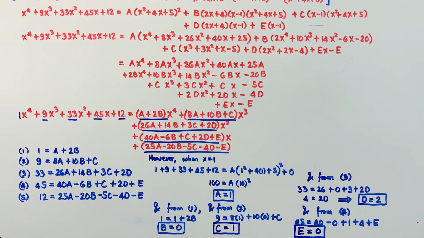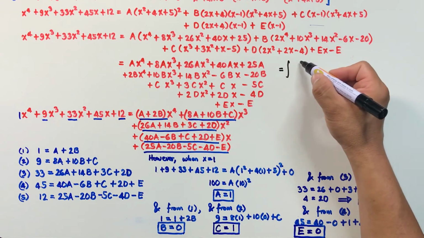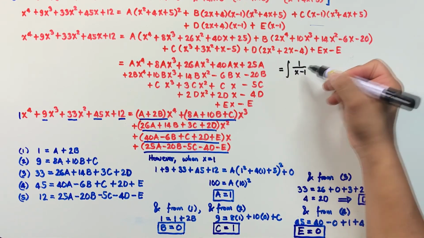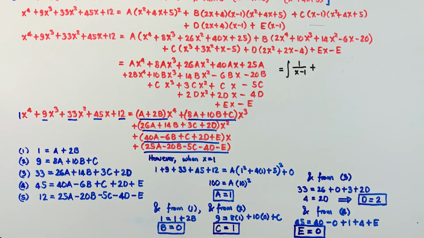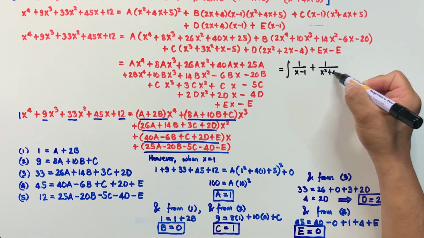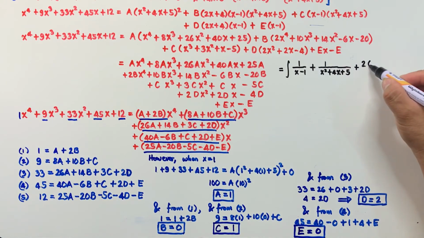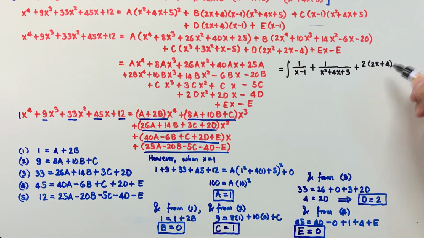Hence, substituting these values to our partial fractions here, we have the integral of a, which is 1 over x minus 1, plus b, which is 0, so that second partial fraction goes away, plus c, which is 1 over x squared plus 4x plus 5, plus d, which is 2 times 2x plus 4 over x squared plus 4x plus 5 quantity squared, and there is dx here.